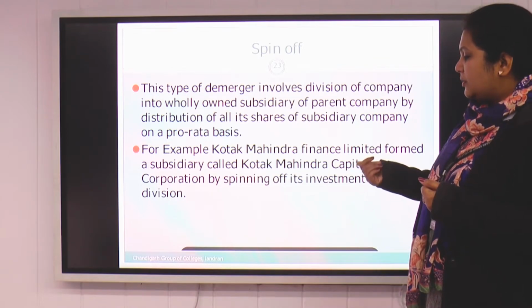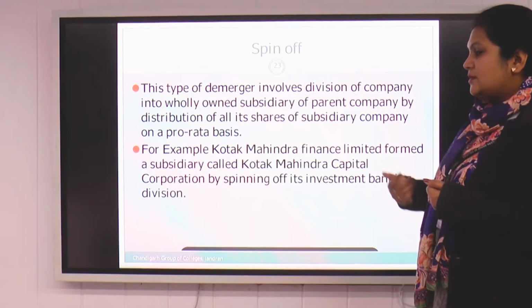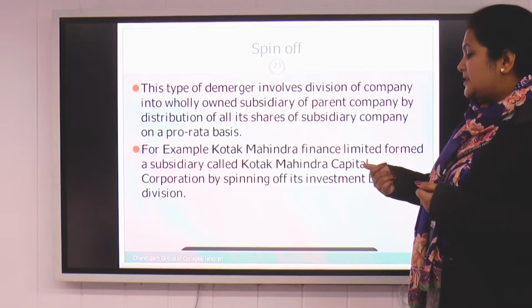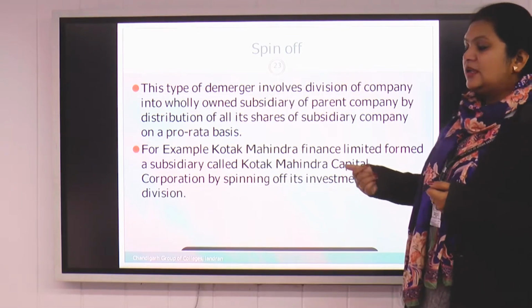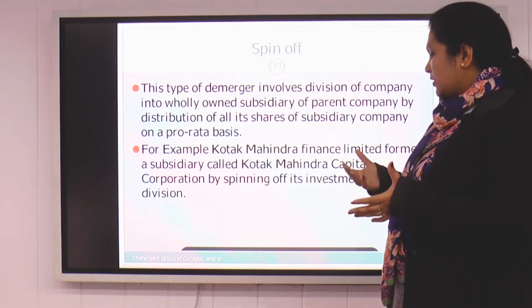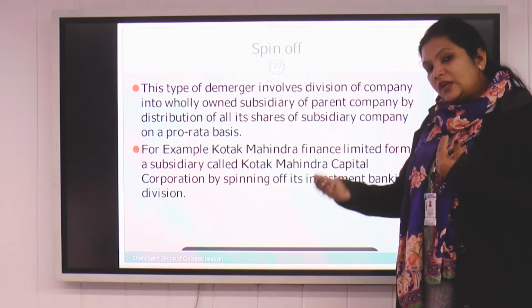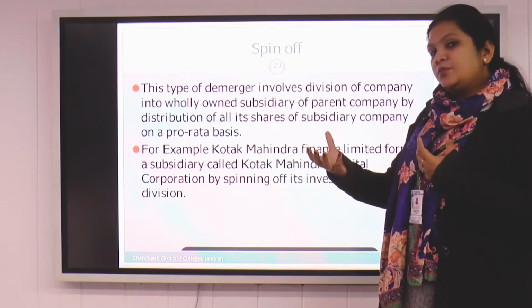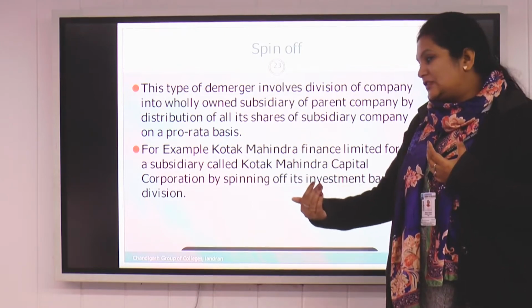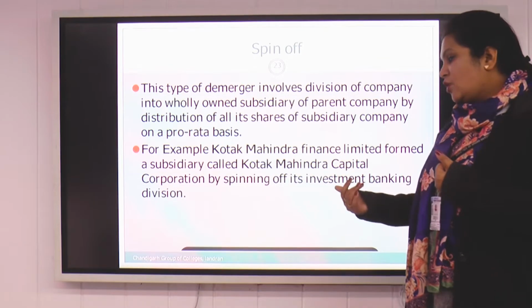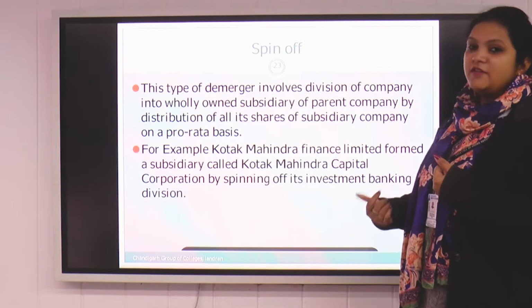For example, Kotak Mahindra Finance Limited formed a subsidiary called Kotak Mahindra Capital Corporation by spinning off its investment banking division. There was a company called Kotak Mahindra Finance Limited which dealt in every kind of finance. Then they formed a subsidiary, transferred shares there on a pro rata basis, and created Kotak Mahindra Capital Corporation by spinning off that unit of investment banking.